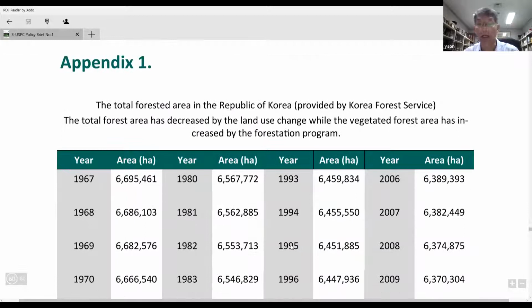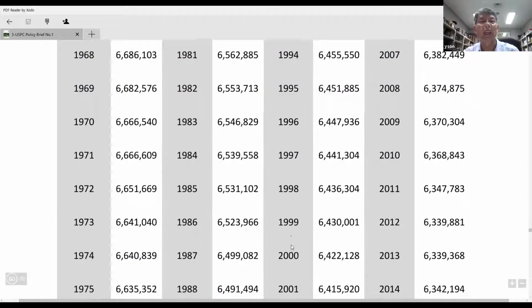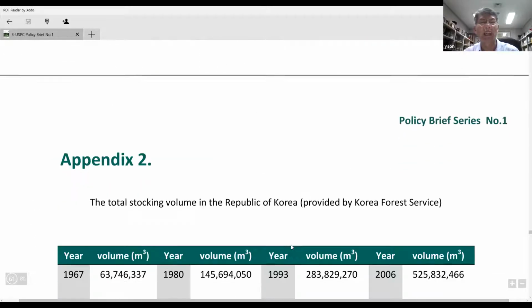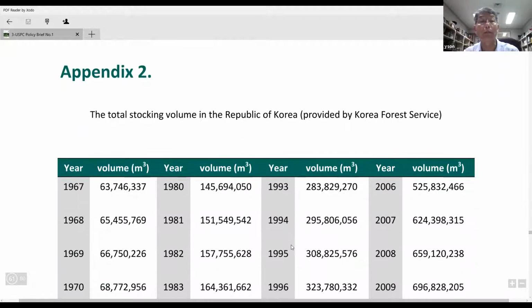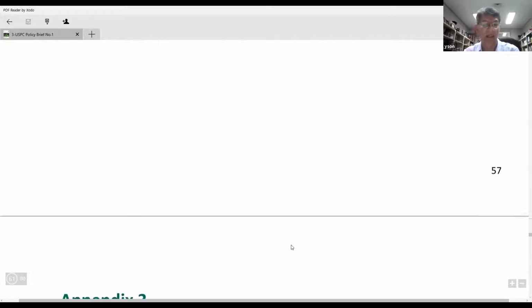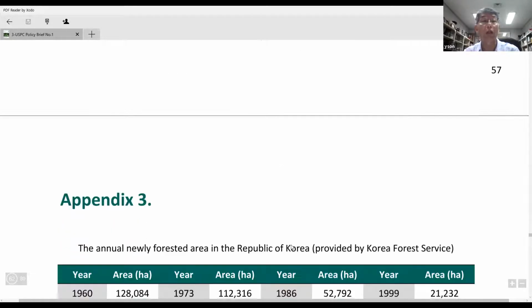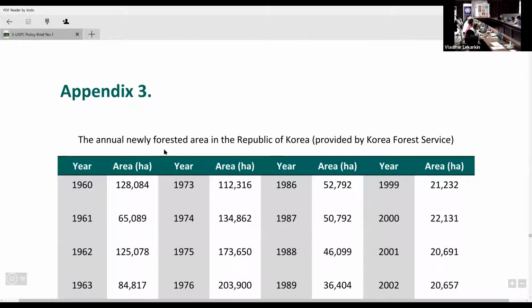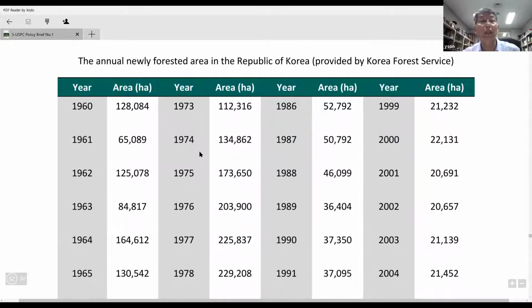Yeah, forest area and stocking volume by year and annual newly forested area. You see here interesting statistics.